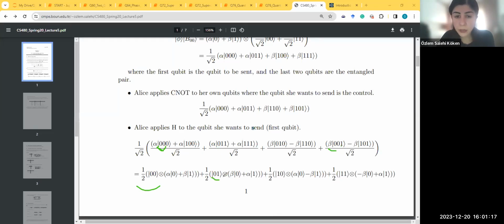And here we have 0, 1, 1, and let's see, we have 0, 1, 0. So we are just expressing the same thing, but separating the first two qubit states. We are taking the common parentheses outside. Just algebraic modifications. Any questions from moving here to here?